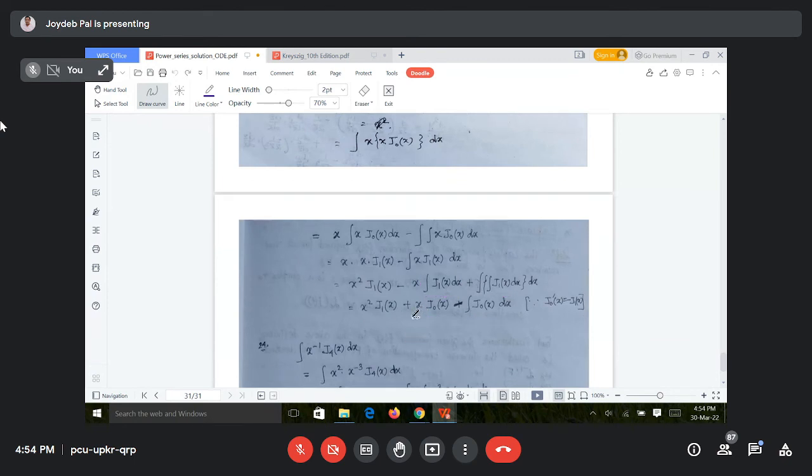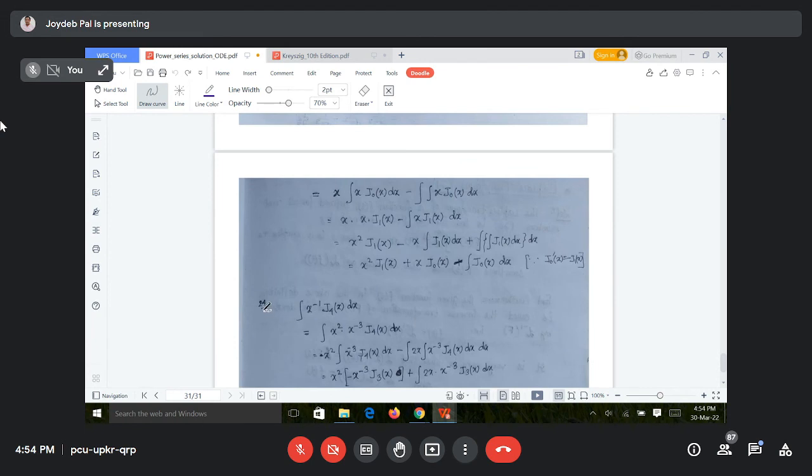So similarly, it is problem number 24, x to the power minus 1 into j4. Okay, x to the power minus 1 into j4, you cannot integrate it directly, because there is no formula in that form for any particular nu.